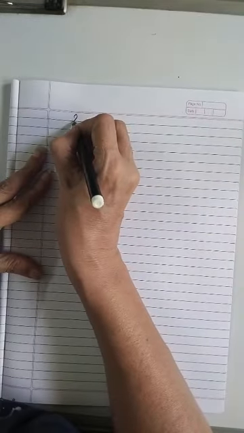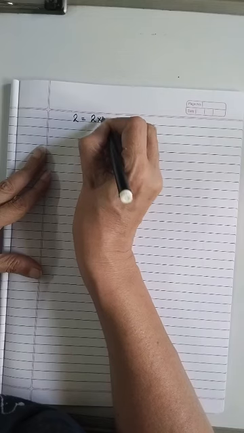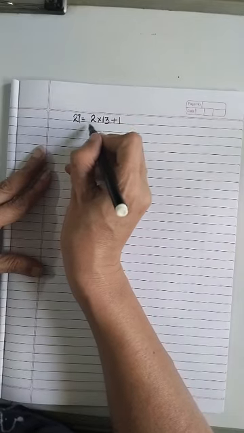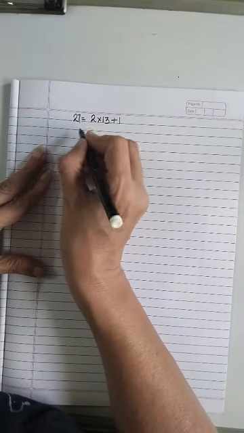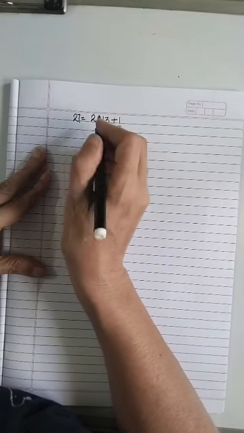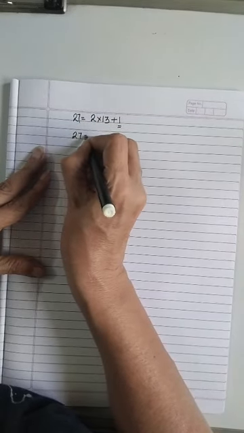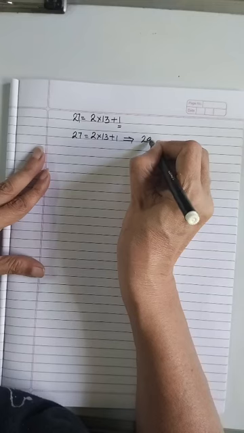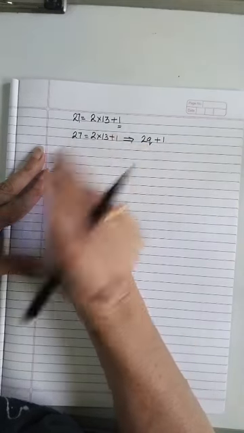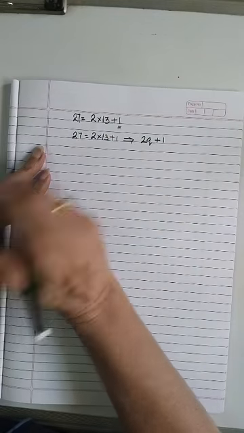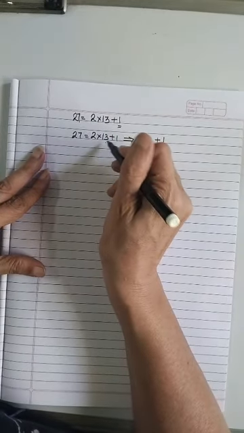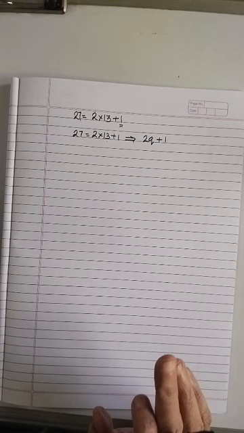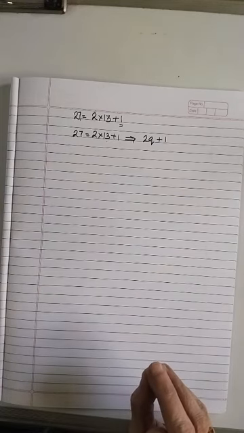So, 27 is equal to 2 into 13 plus 1. Thus, we can write it in the form of 2 into 13 plus 1, which is in the form of 2q plus 1. That is, 13 is the quotient, 1 is the remainder. This is how we use Euclid's division lemma to prove the properties of the numbers.